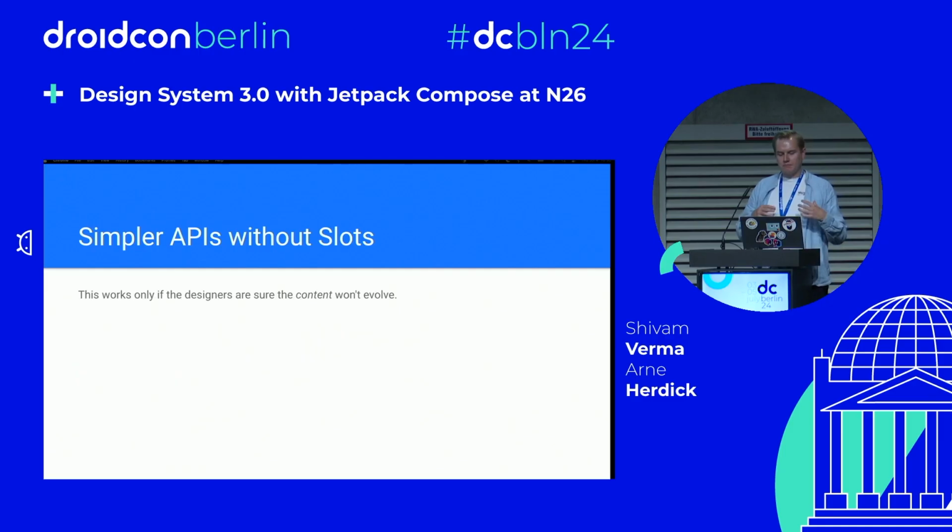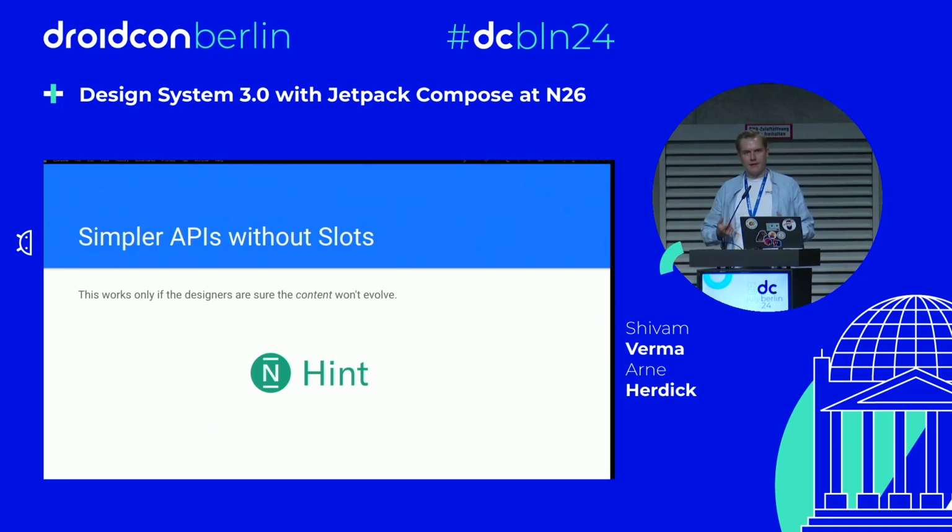The thing is, this works only if the content will not evolve. So if you think about this hint component, for example, we see that it has an icon, it has a text, and we've discussed with the design system designers that there is 0 plans to change that.